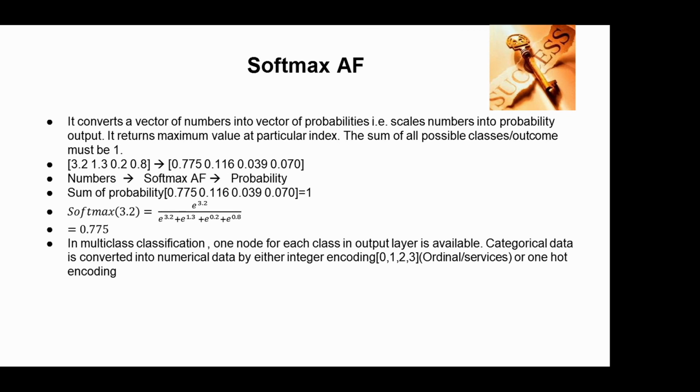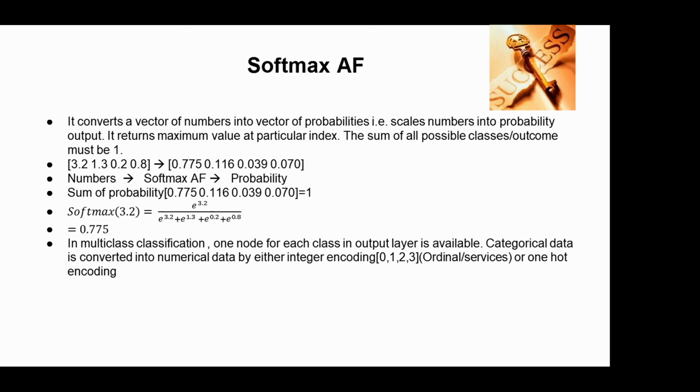We want to know which kind of object has the most probability, or which kind of object is present in the image. There are four classes, and at the last layer these numbers come after the hidden layer: 3.2, 1.3, 0.2, 0.8.